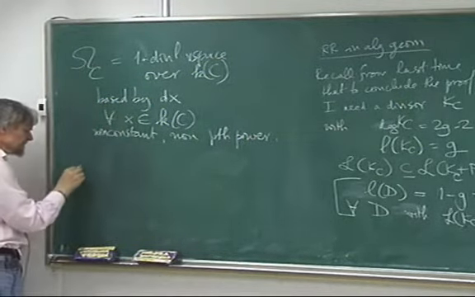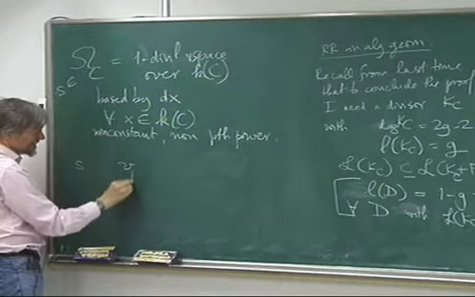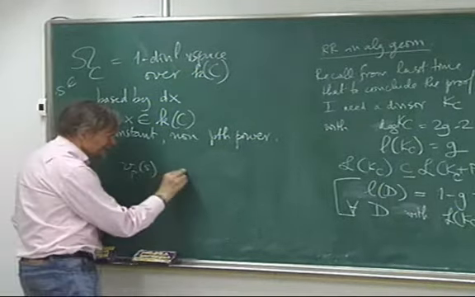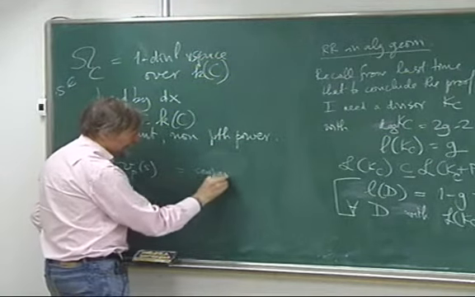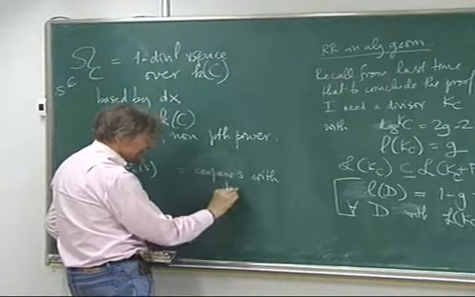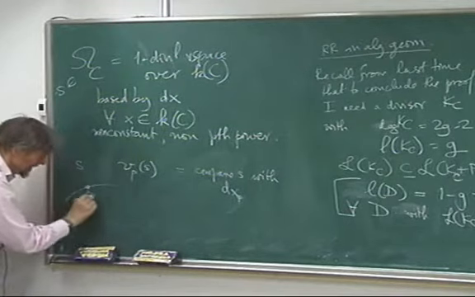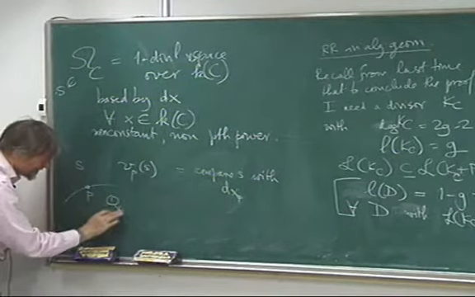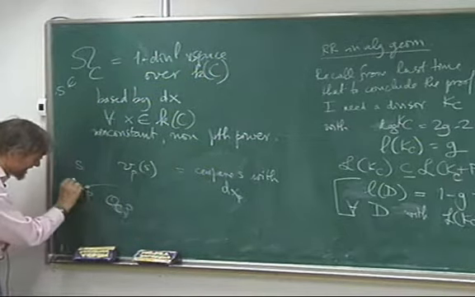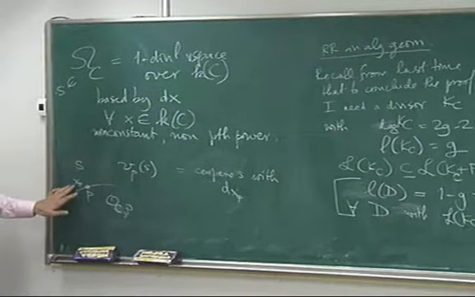Then if I've got an element s in there, I can define the valuation at P of s. This is comparing s with dxp. I'm standing at a point P of the curve. I've got this valuation ring O_{C,P}, and the valuation ring has this element xp in it. So we're doing algebraic geometry. This is not complex analysis.